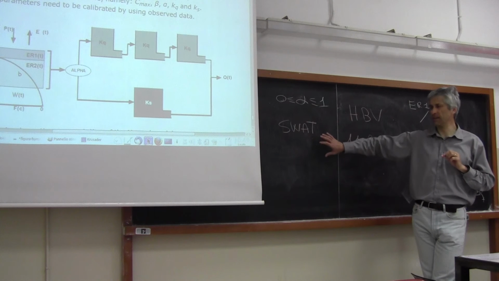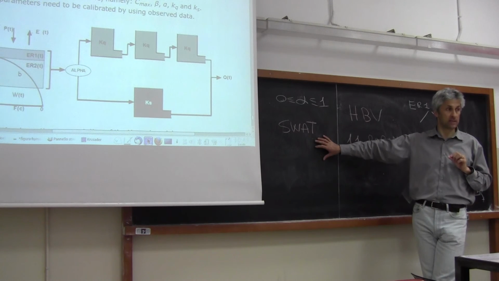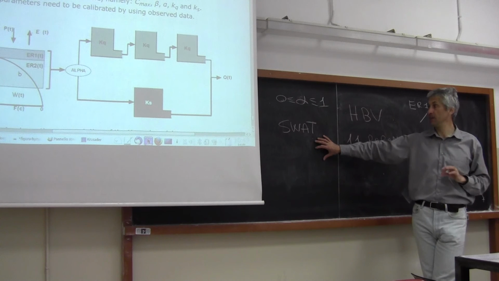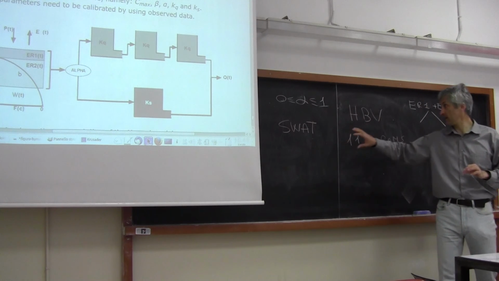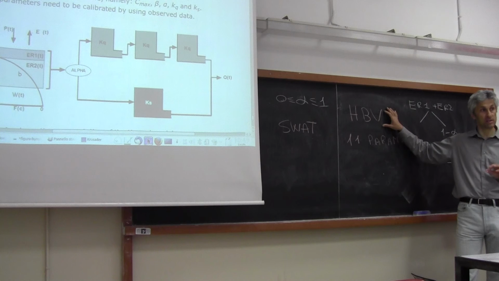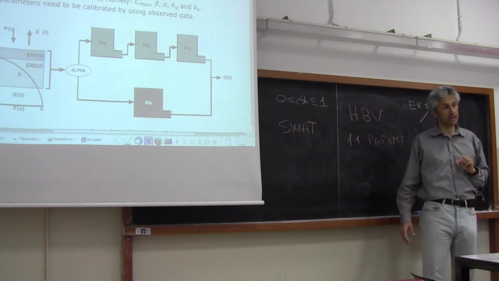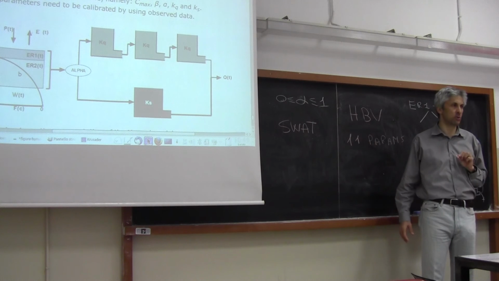I don't remember the number of parameters of SWAT. It depends on the type of simulation that you carry out, but it should be around 10-15. And for both SWAT and HBV, you can find the codes. HBV in R; SWAT has its own code, and it's not easy to apply.